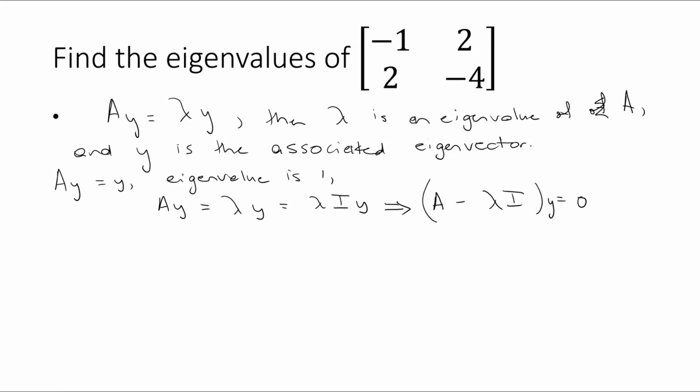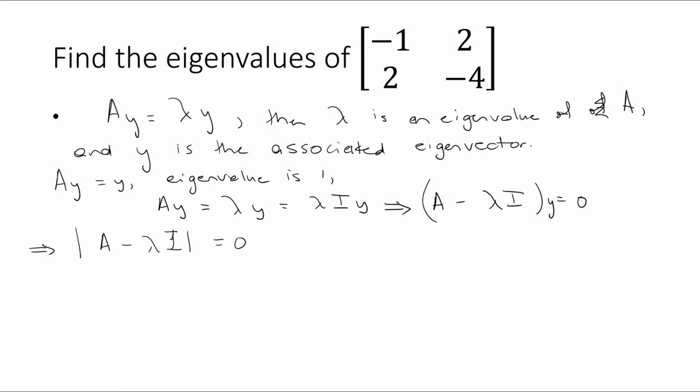Now, what we need to go a little bit further, and this is covered in class, is that a non-trivial solution for Y exists if the matrix A minus lambda I is singular. In other words, the determinant, because that's the thing about being singular, equals 0.